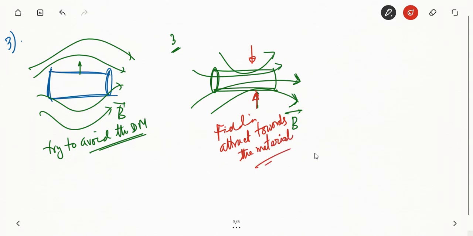Okay, these are the diamagnetic materials, these are the paramagnetic materials, and that's the case of ferromagnetic material.